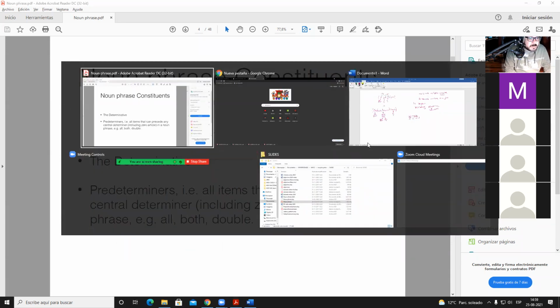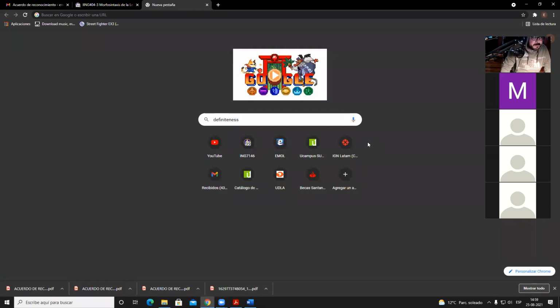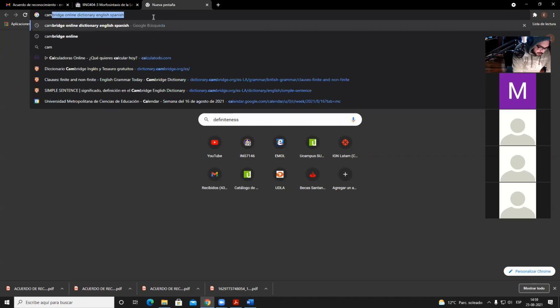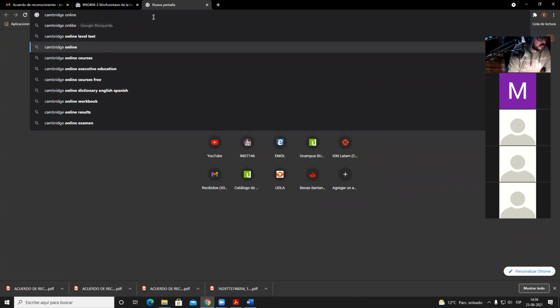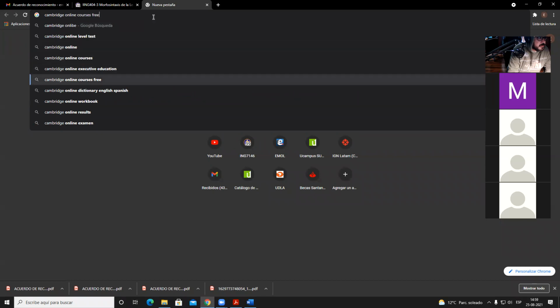Yesterday we made this definition that we took out of the Cambridge Online Dictionary.